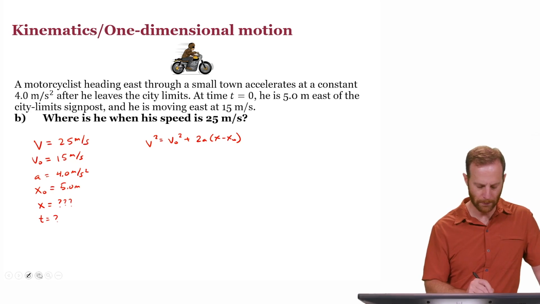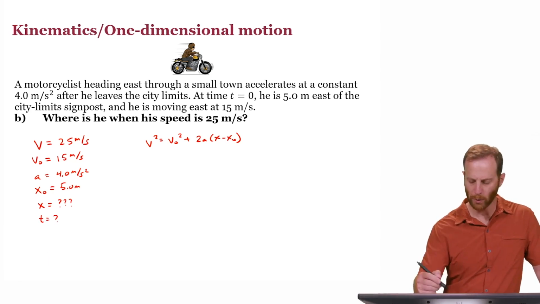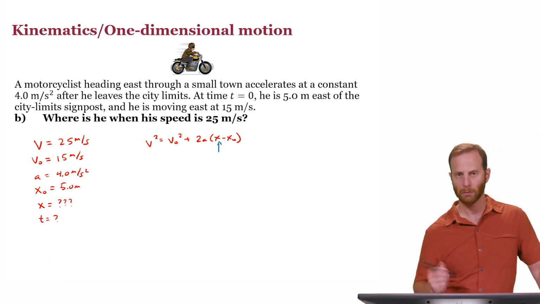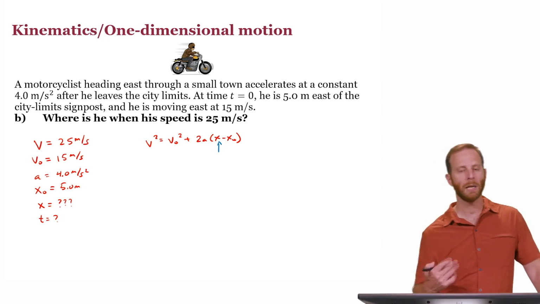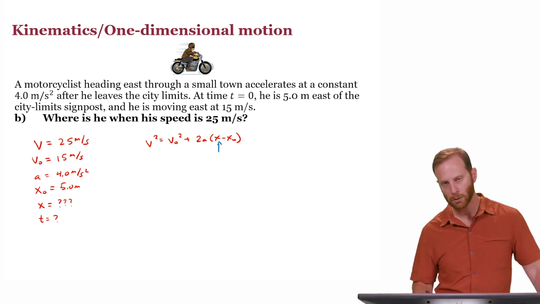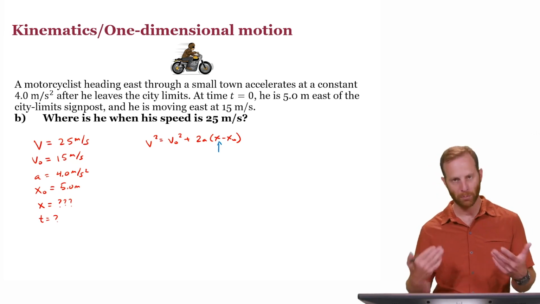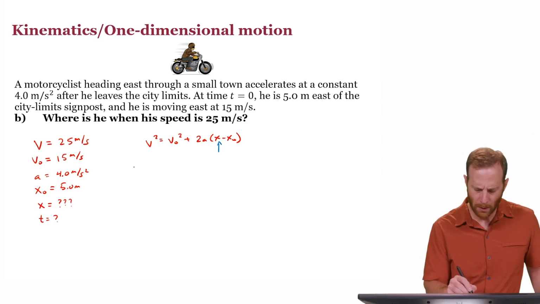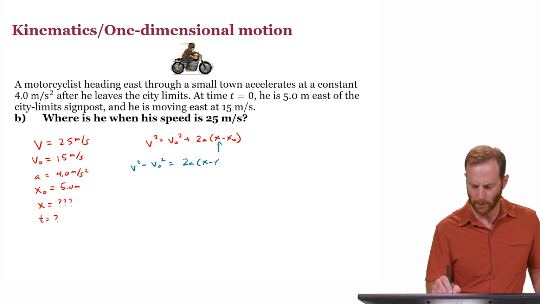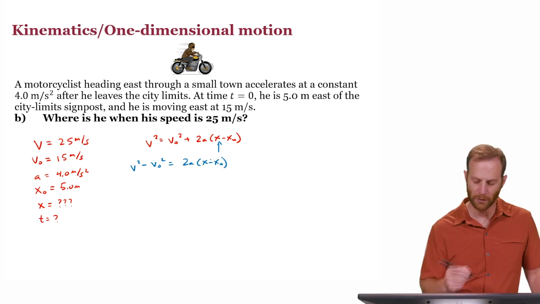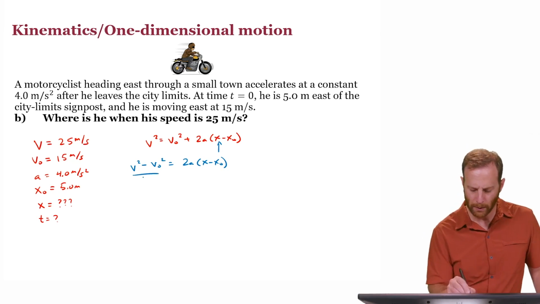So let's try it, keeping in mind that what we really want is x, the position when this is going on. Before we plug in any numbers, let's do a little bit of algebra to isolate x, and then we can plug in the numbers at the end. So I'm switching to blue. If I subtract v0 squared from both sides, that's what I have. I'll divide both sides by 2a.